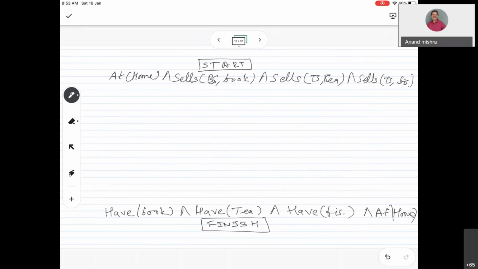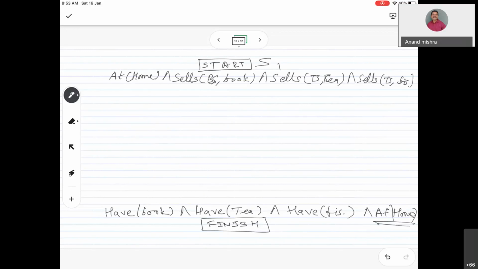Now here, start and finish, right? Finish has some of the preconditions. One of the preconditions is already satisfied. That is at home. Even in the start, there is at home. Without doing anything, you are at home. So that is being satisfied. That way you can think there is a causal link from the start to this. This is your S1.